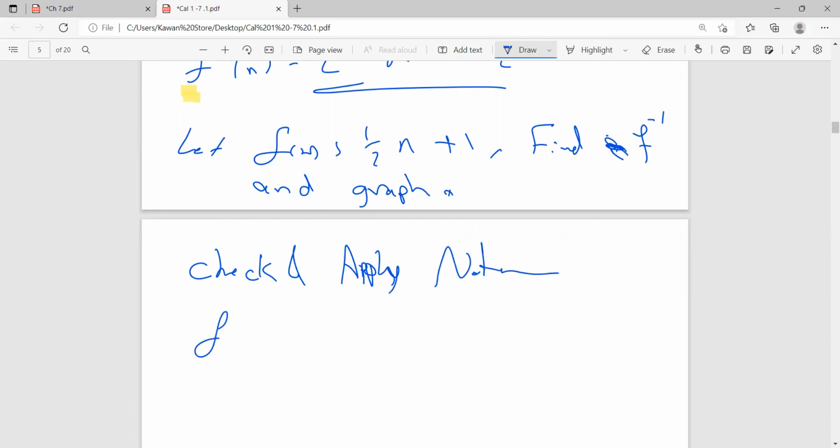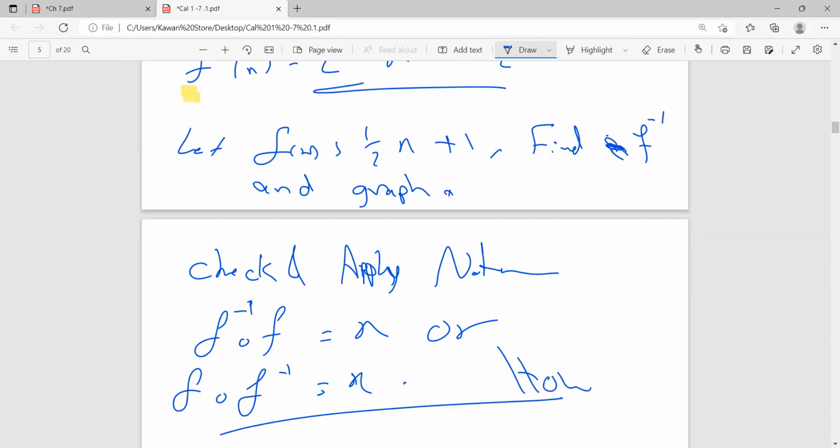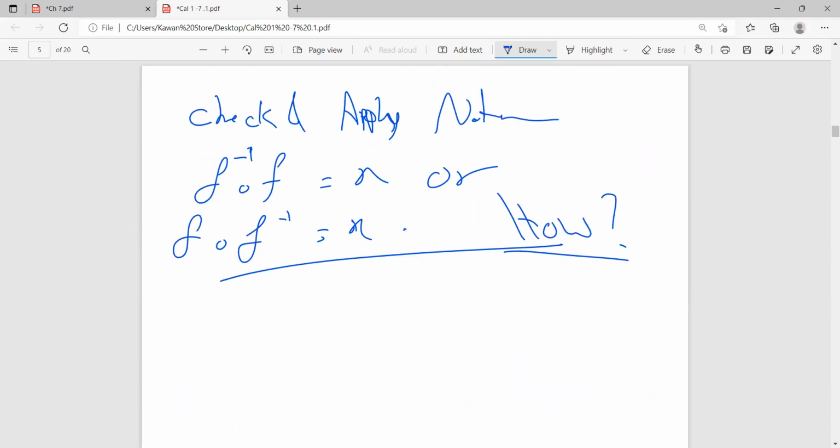Which note? f inverse of f is equal to x, or f circle f inverse is equal to x. So how? That was my question that I told you. I'm going back to that point. Can you give me any idea? Do you have any idea about how?